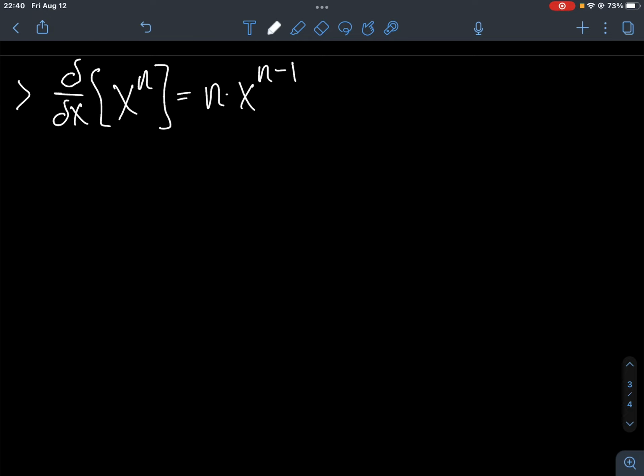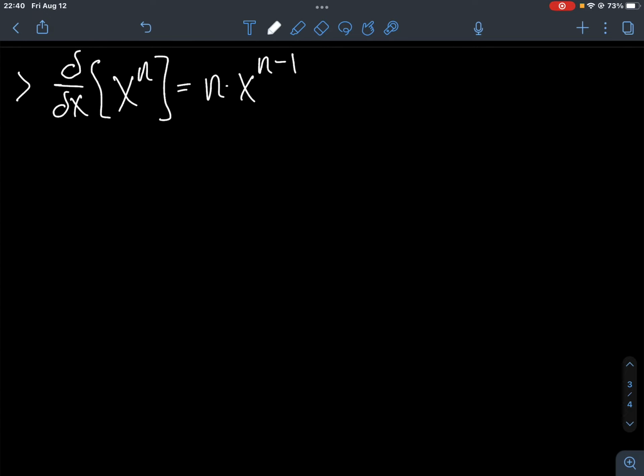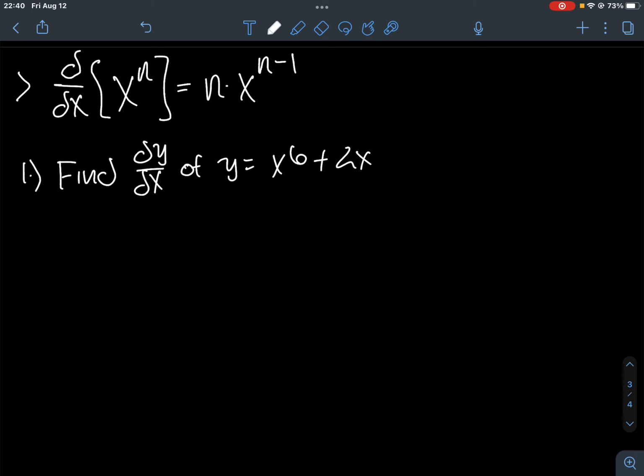Okay, so now let's find the derivative for our first question. So let's find dy dx of y equals x to the sixth plus 2x minus 1 over x.